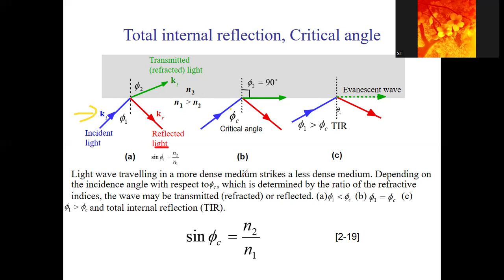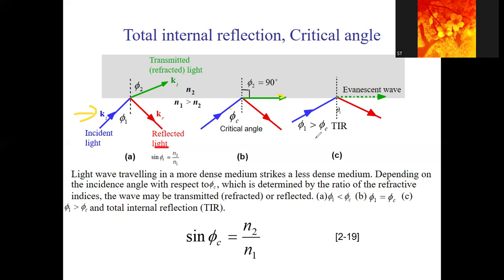In the next case, light is incident at angle phi c, and the refracted light makes an angle of 90 degrees with the normal line. Here we can say the angle of refraction phi 2 is 90 degrees. The angle at which light is incident in this case is known as the critical angle.